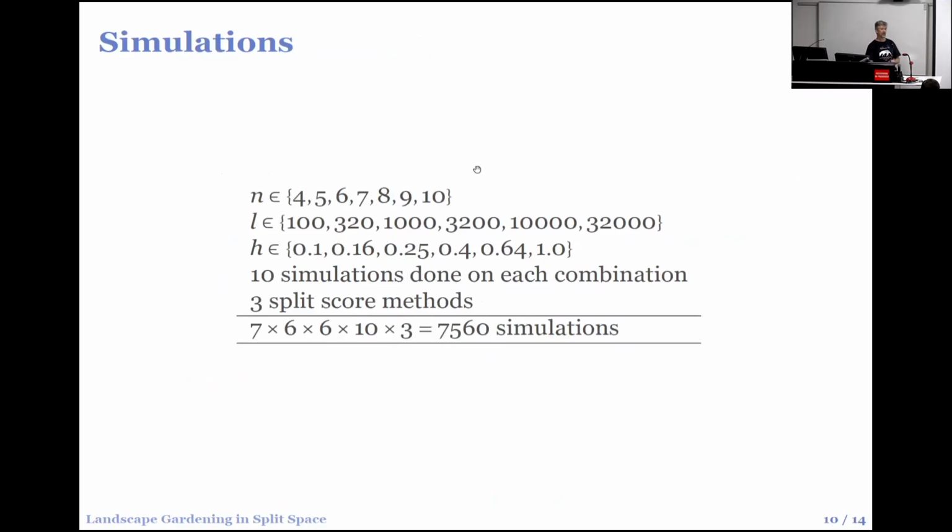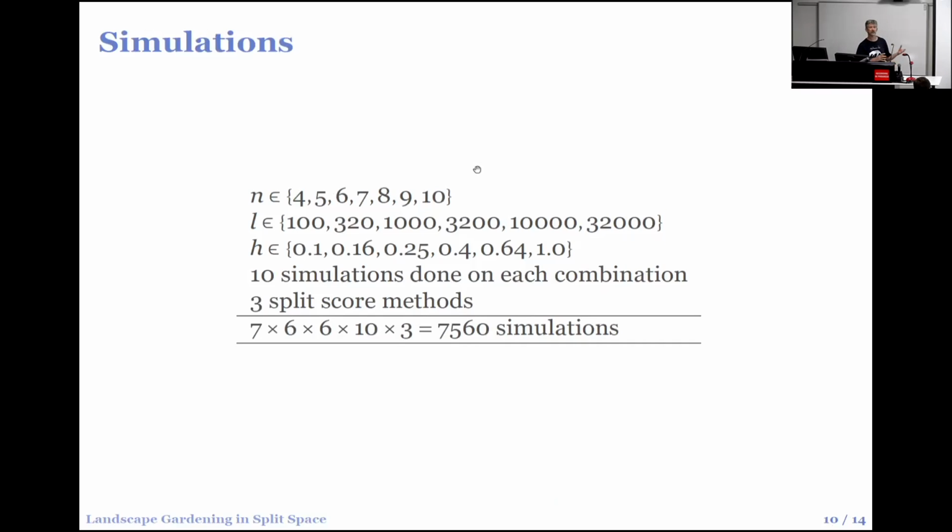So I did a bunch of simulations, and through the power of Bash, I was able to get these running on a server somewhere, and then download my results for fairly moderate size problems. N is 4 to 10. Sequence length is 100, 320, 1,000, up to 32,000 bases.